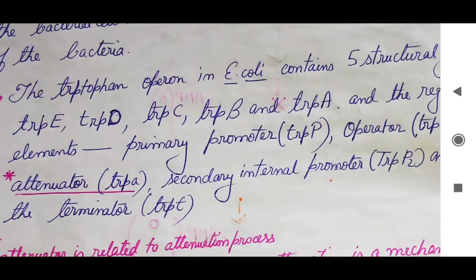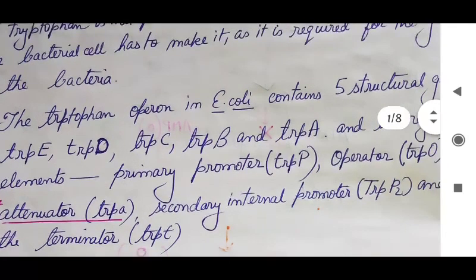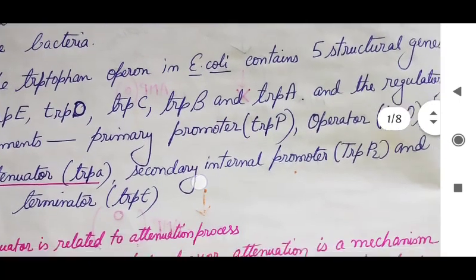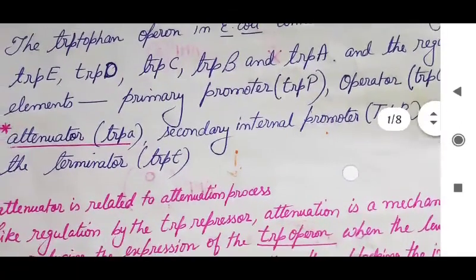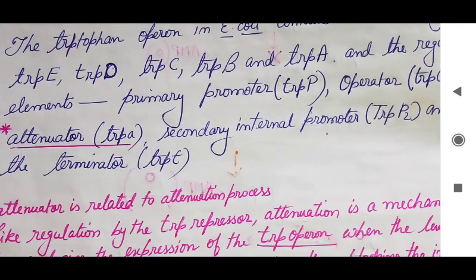On the upstream, it also consists of a promoter and an operator acting as an on-off switch. It consists of an attenuator that deals with attenuation, the regulation of the TRP operon.